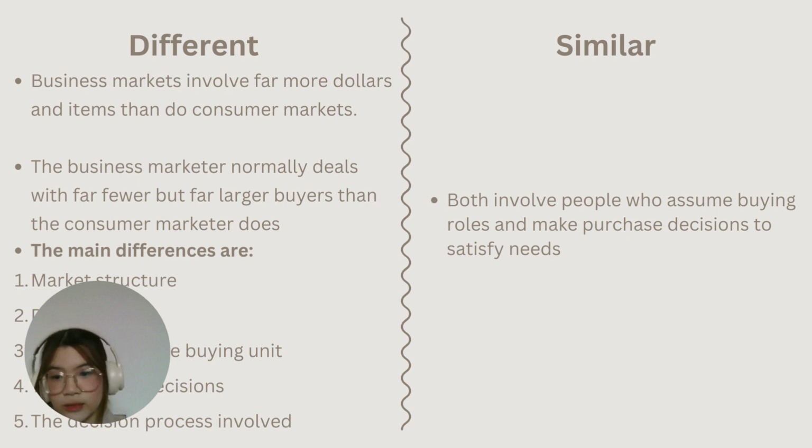The next are the main differences: market structure, demand, nature of the purchasing unit, type of decisions, and the decision process involved. These differences show how the business market and the consumer market have a big gap in how they operate and maintain customers while still meeting customer needs.